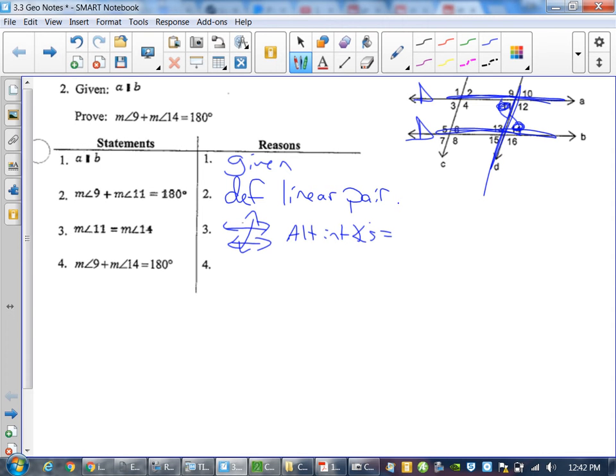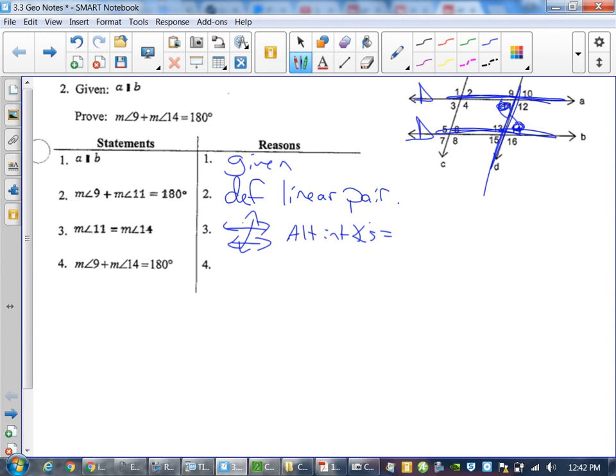I might have been speaking about a different problem. You guys heard that. Because it should have been, I would have said that 9 plus 11 is 180 there. I apologize if you heard it wrong. I'm sorry. Because they're not consecutive interior, because one's on the outside, one's on the inside. You look at the picture. Okay. Oh well, I'm sorry.